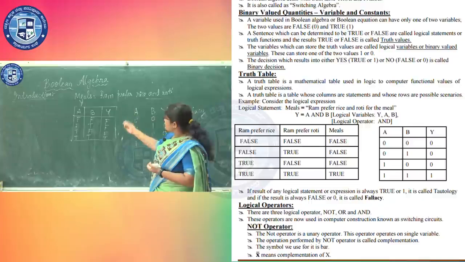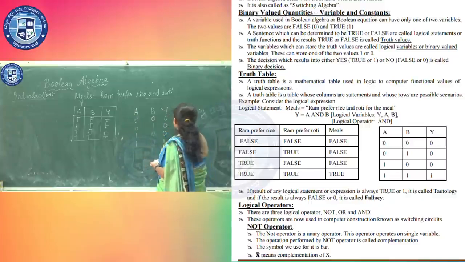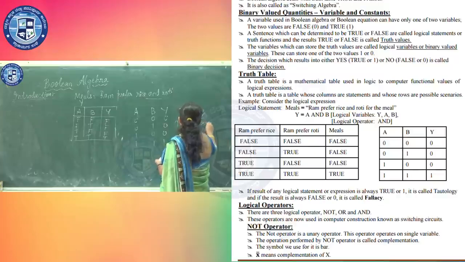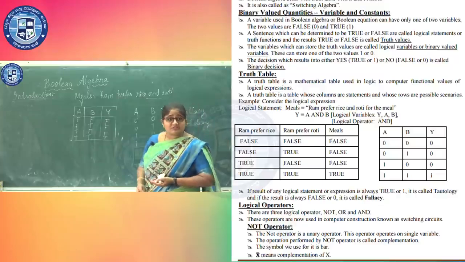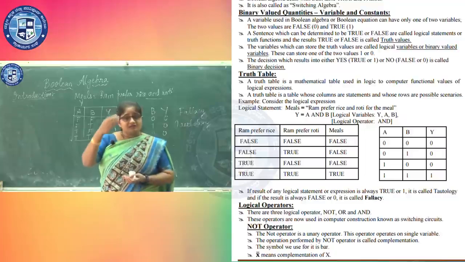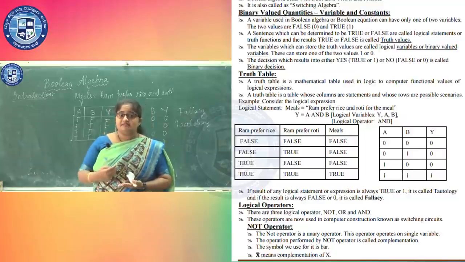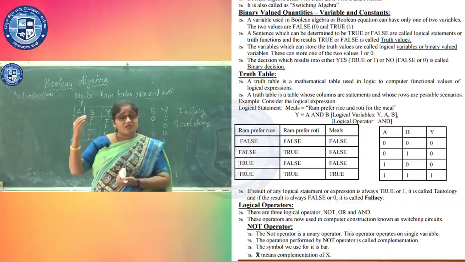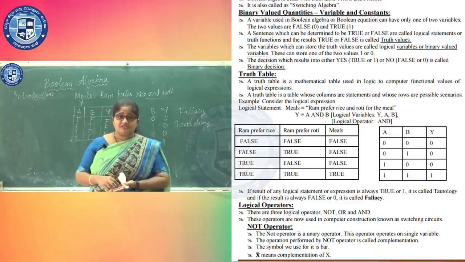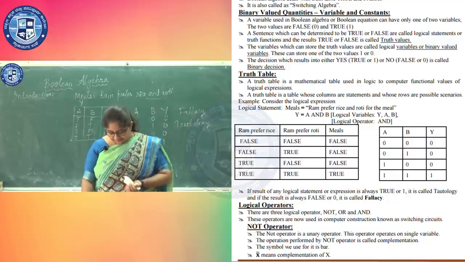And if they all are true, then it is called tautology. If all the values of an expression are true, then it is tautology, and if all the values of the expression are false, then that is called fallacy.